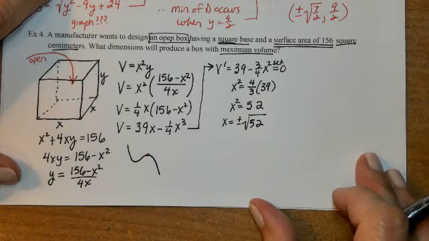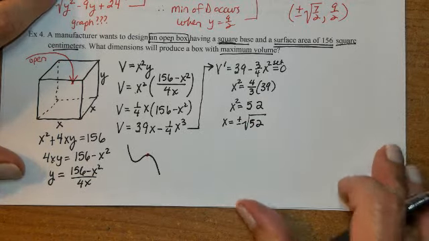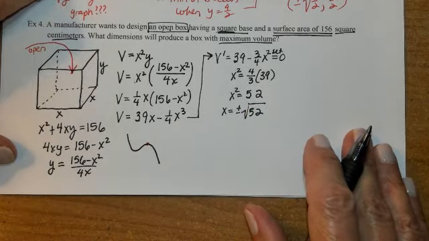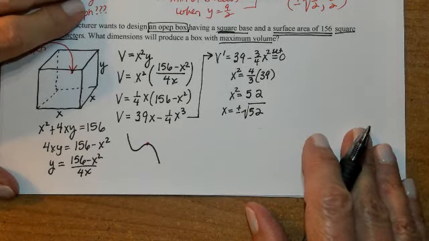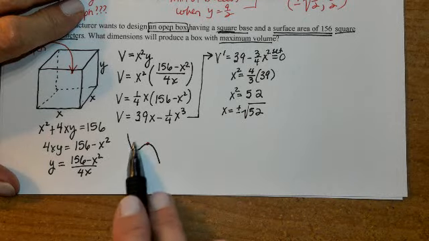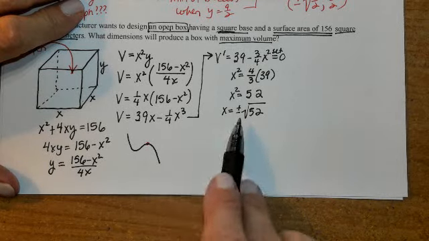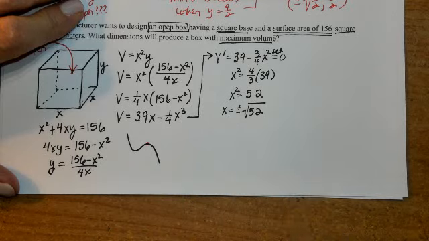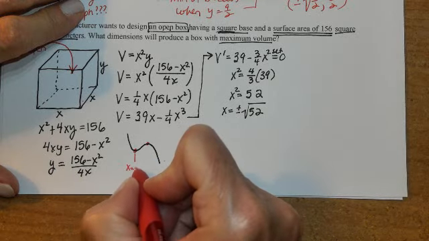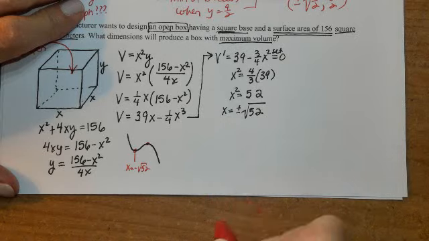And you might be saying, oh, don't keep that negative, Miss Murray. You can't have a negative dimension of the box. And I'm like, yes, that's very true. However, keep your negative because it's going to help you analyze this graph. What does this mean? This means that right here, x is negative square root of 52.